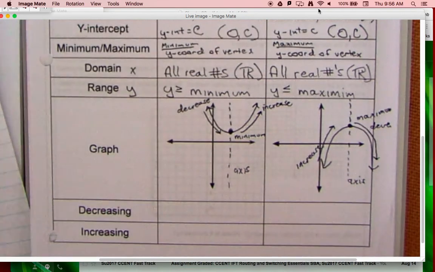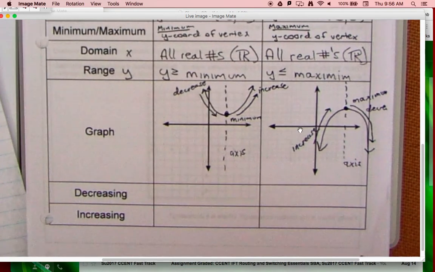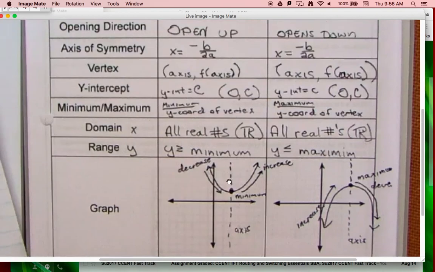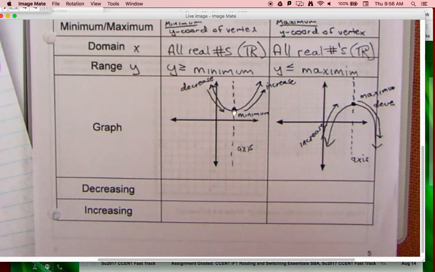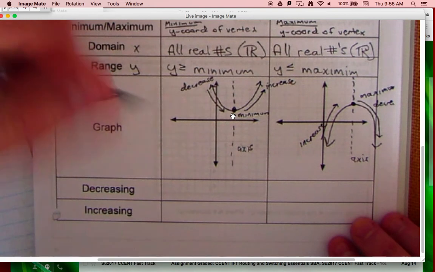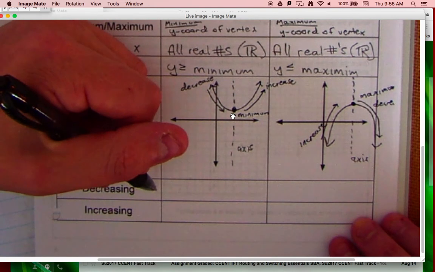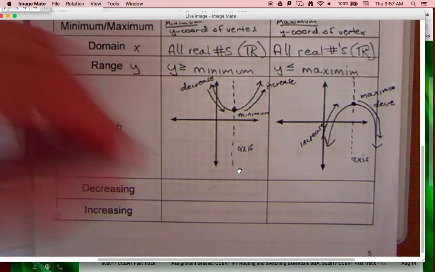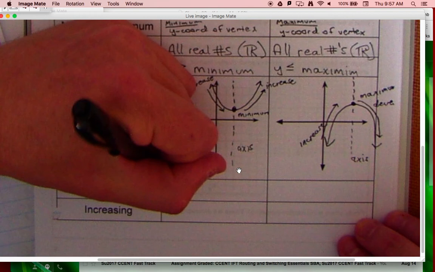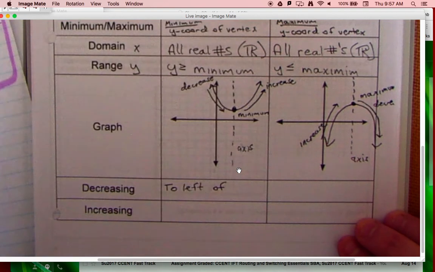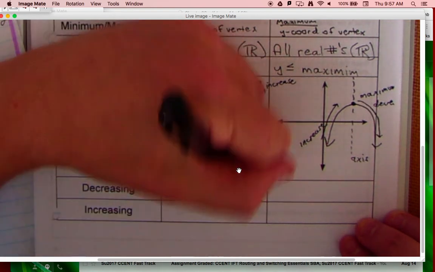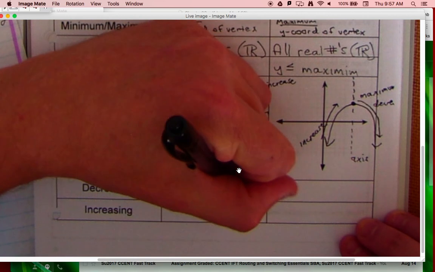Okay, so let's talk about what those things look like as far as a description. Notice it's decreasing until I get to my axis of symmetry. If you remember from right here, what's my equation for the axis of symmetry? It's right there. So what we want to say is that it's decreasing on the left-hand side of my axis of symmetry, so this is decreasing to the left of x equals minus b over 2a.